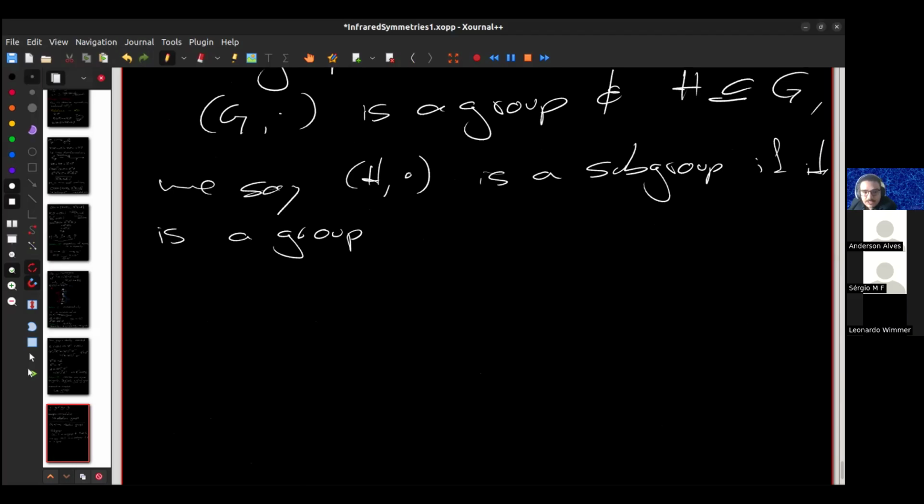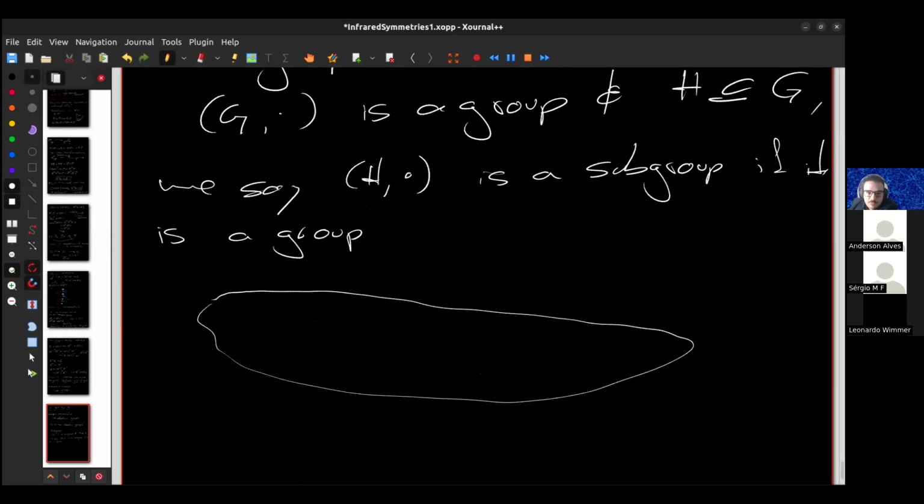What I'm doing here is this idea. I have this space which I call G, which is my group, and H is just a piece of G. And the interactions between the elements of H are the very same that I would consider if I was looking at G, at the bigger picture. So if under the same product H is a group, then we say that it is a subgroup.